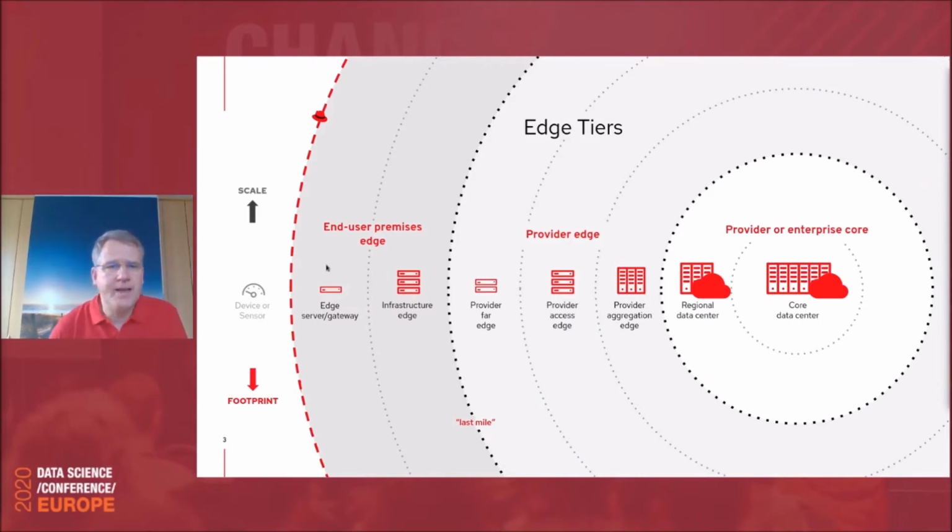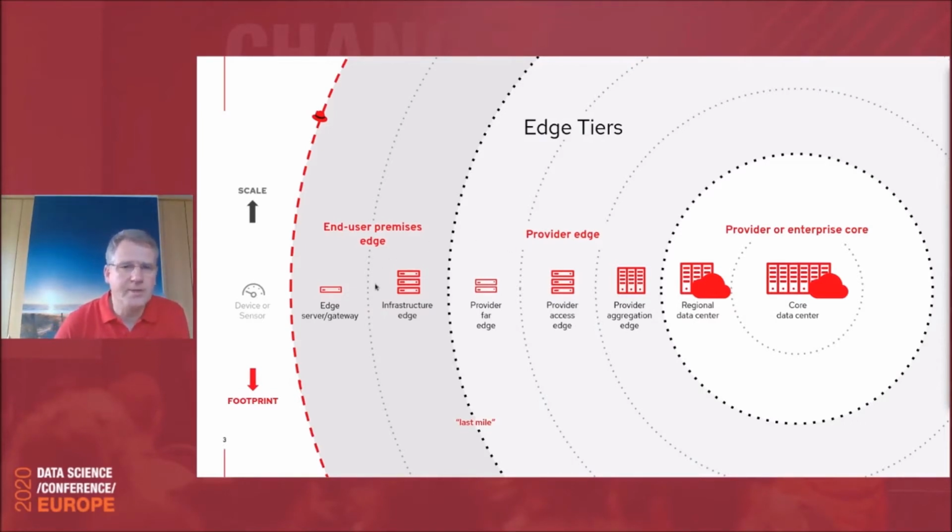And on the far left, here we talk, in this context, about the plants. And the middle tier, the provider edge, is mainly offered or provided by telecommunication providers to get the communication from the core to the end user premises aligned and operable.